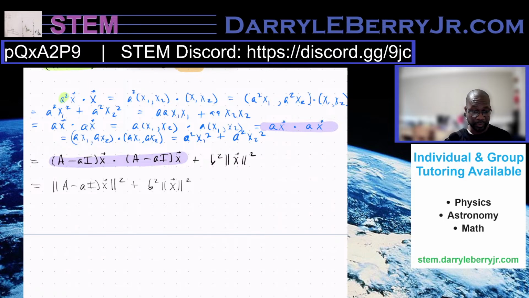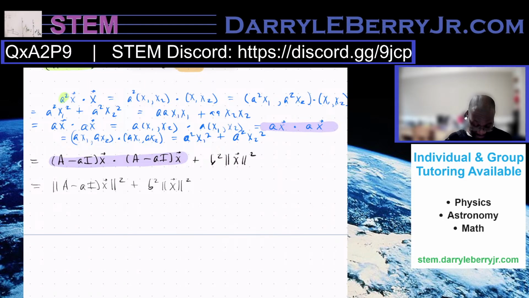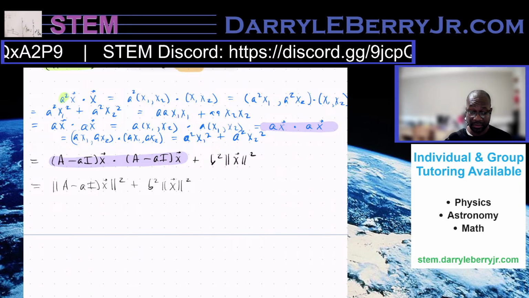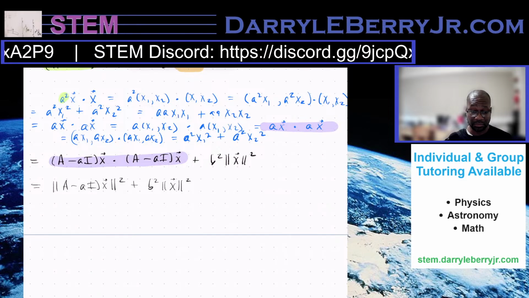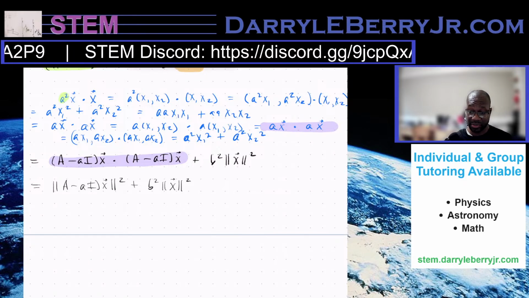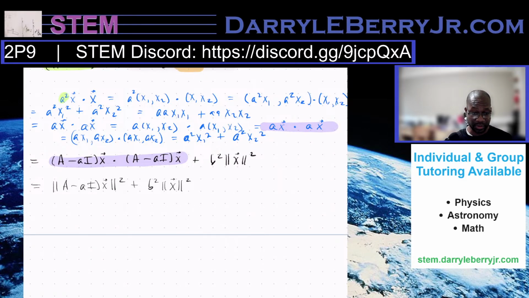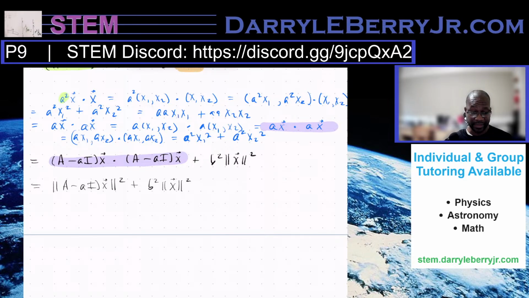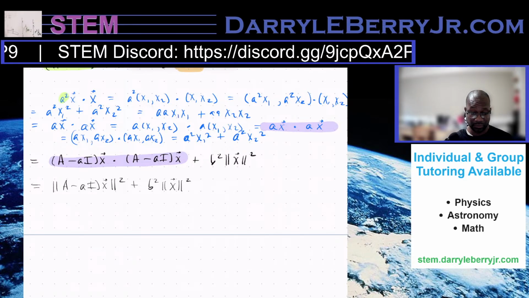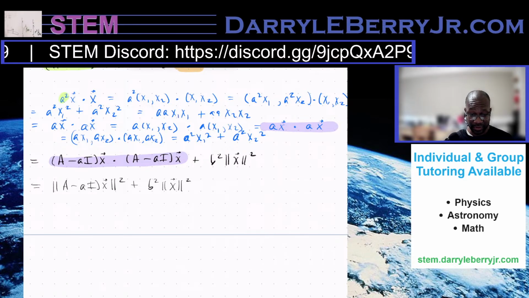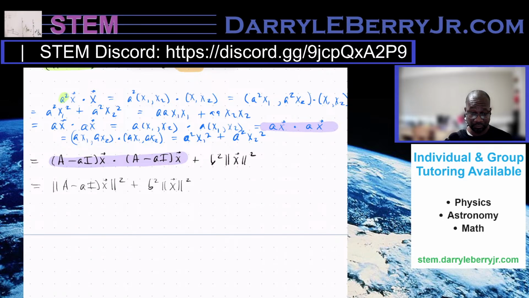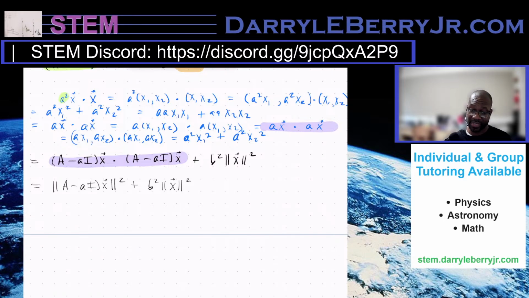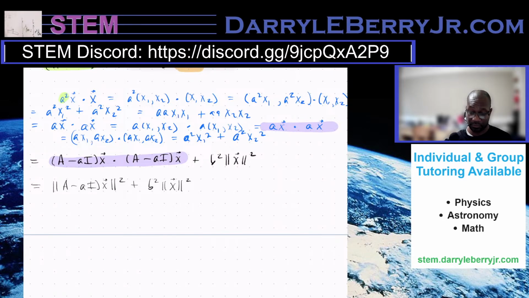And it says now the only way the sum of two non-negative numbers can be zero is for both of them to be zero. That is, since x does not equal zero, the magnitude of x squared does not equal zero. And we infer that b equals zero.